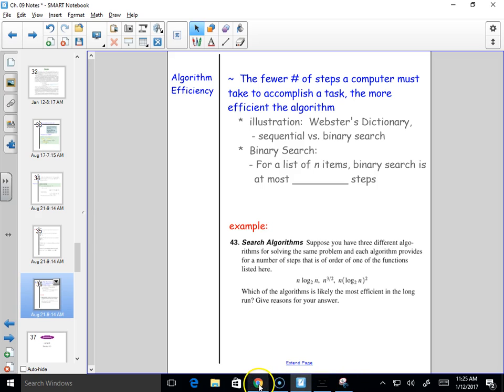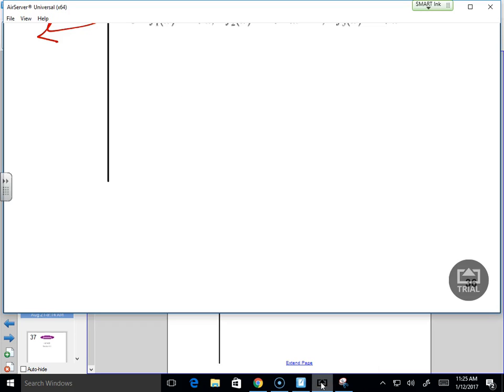Do you guys have the 3 functions written down? Does anybody have it written down? For my purposes, I would probably think, hey, let's change the order of these 2, right?